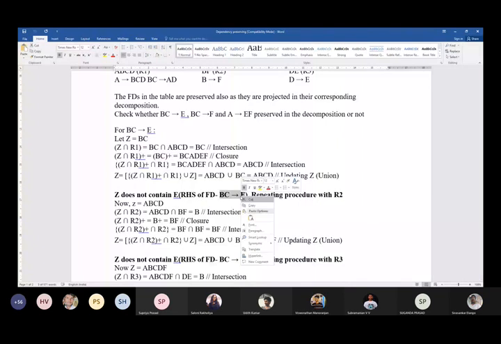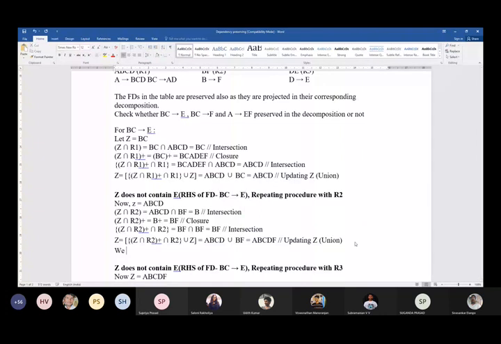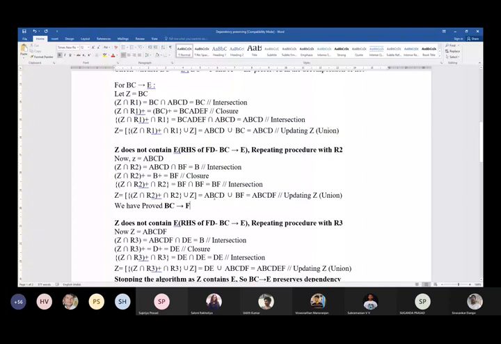So we have proved BC determines F. Again, the right hand side does not contain E. So again, we are going to continue with the updated value of Z, ABCDF: Z intersection R3, Z intersection R3 closure, Z intersection R3 closure intersection R3, Z intersection R3 closure intersection R3 union Z. You get the values ABCDEF.